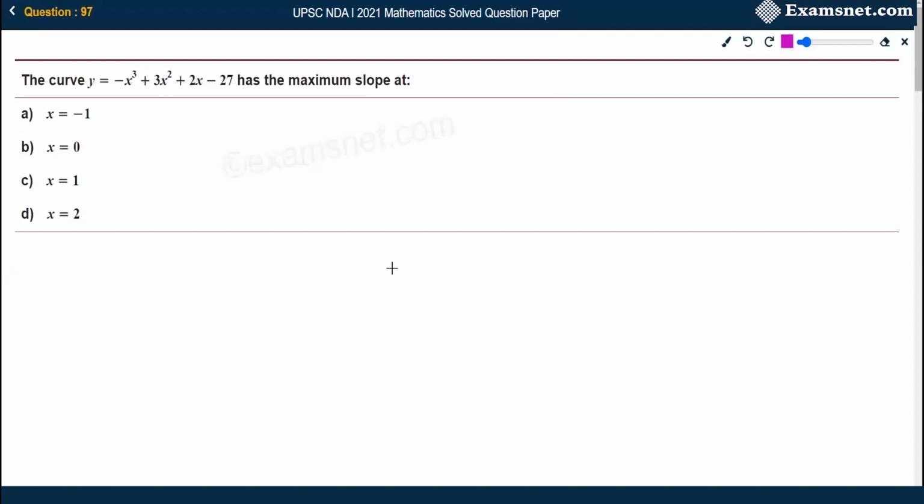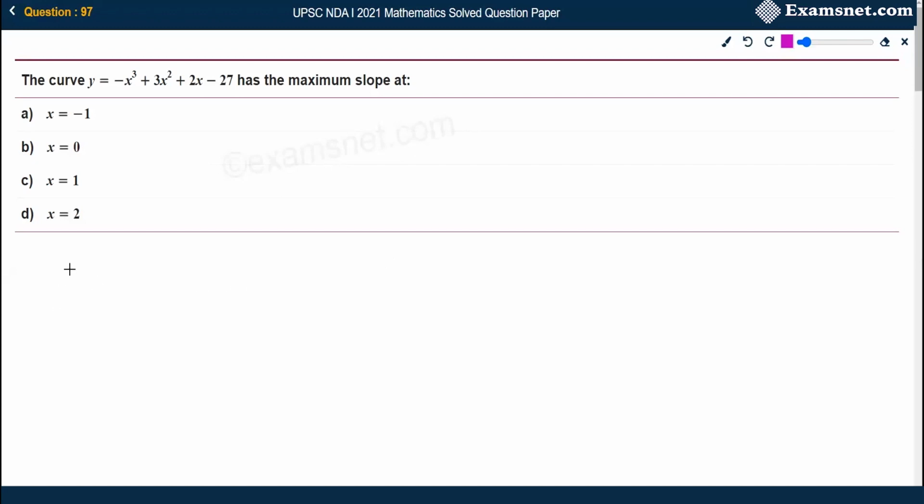In question number 97, it states that the curve y equals minus x cube plus 3x square plus 2x minus 27 has the maximum slope at which point? There are 4 options given.